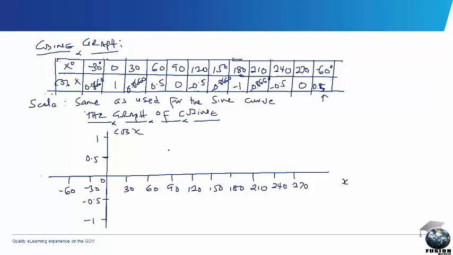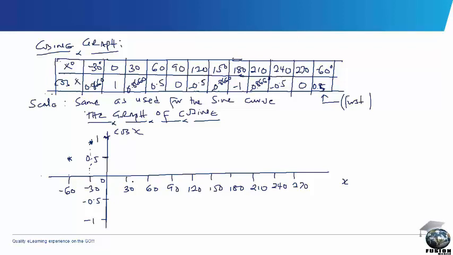You see, for minus 60, remember we said we'll start with this first, because we omitted it from the beginning of the table. For minus 60 we have 0.5. For minus 30 we have 0.86, which is close to 1. I pick a point here for my 0.86, and then for 0 degrees we have 1.